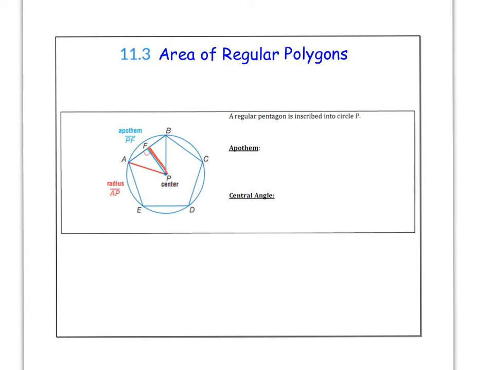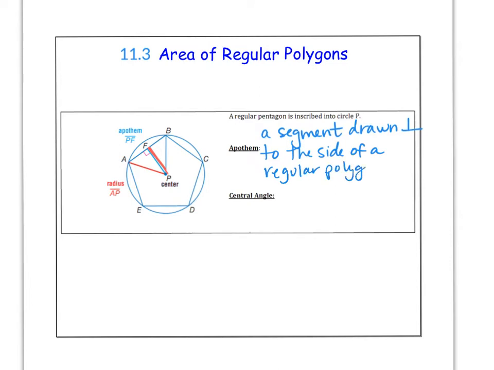So an apothem is a segment drawn perpendicular to the side of a regular polygon from its center.